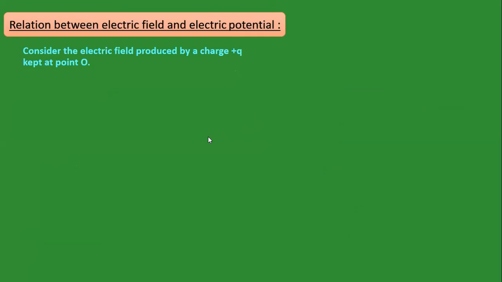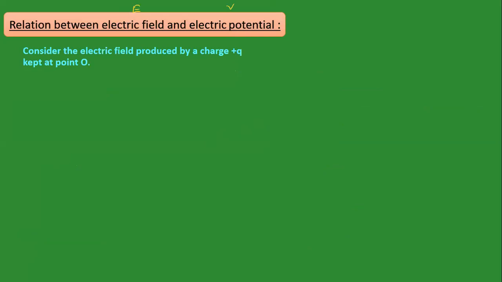Next one is the relation between electric field and electric potential. Electric field means electric field intensity E, and electric potential means electric potential V. The relation between E and V is what we have to find.